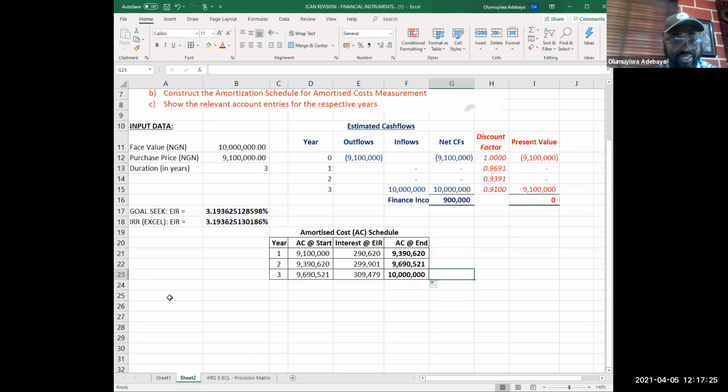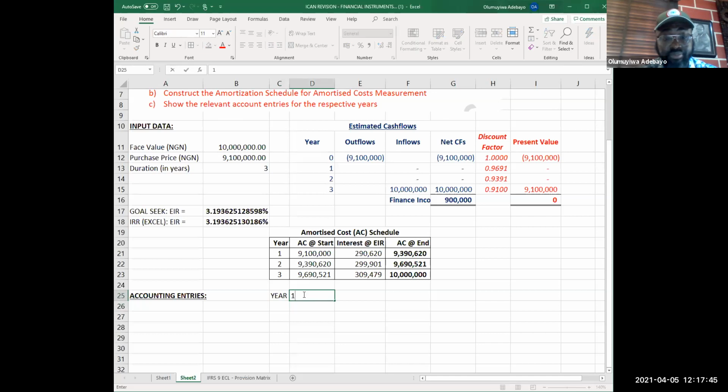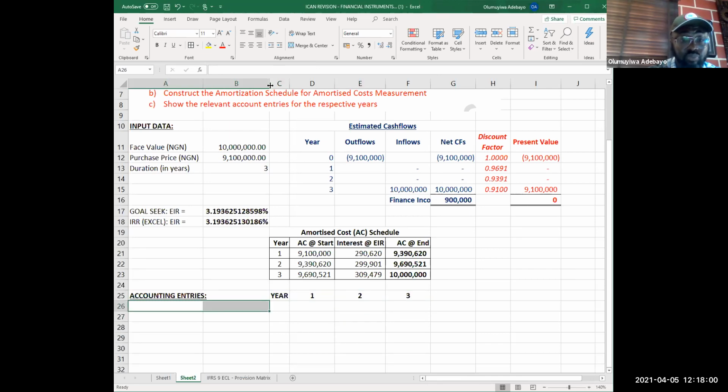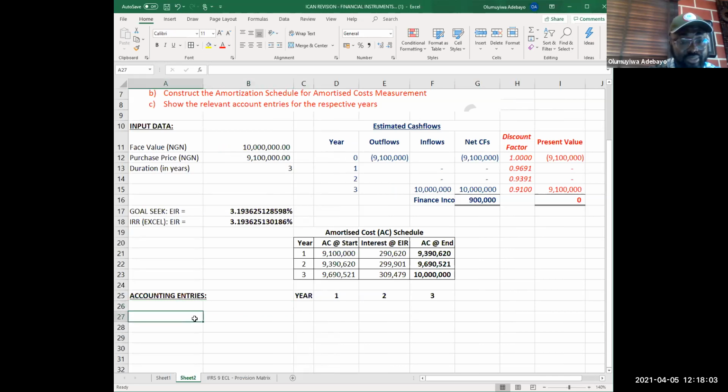Therefore, what are the accounting entries? One, 2, and 3. The first thing is at initial recognition.